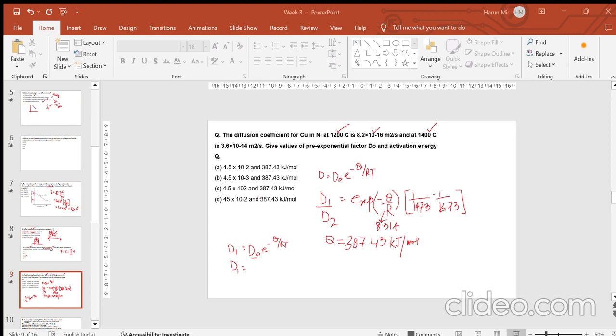So again, using the same relationship for the diffusion coefficient, D is equal to D naught times e to the power of minus Q by RT, right? If you see this equation, D naught is given in the question. This Q, the activation energy, is also given.